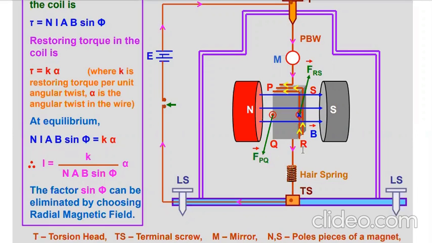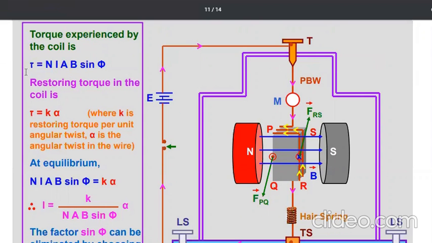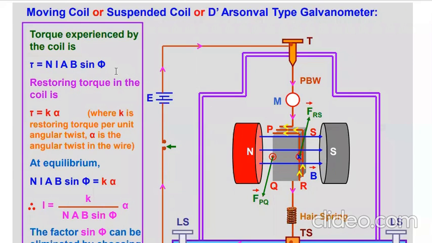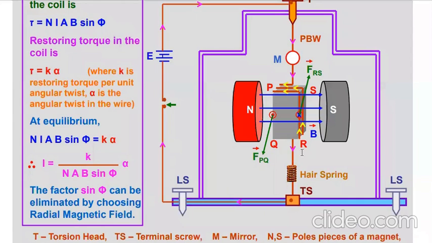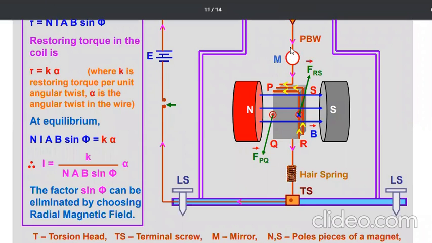So try to understand that the torque experienced by this coil is given by tau equal to NIAB sine phi, as we have derived in the previous case. Now this torque is counterbalanced by the elastic force of this wire, which is twisted.